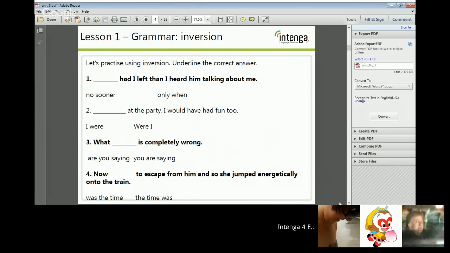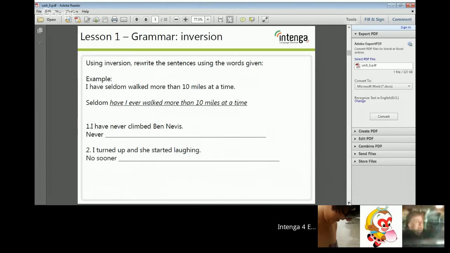Absolutely. Good. So questions with this? You don't have to understand exactly what's going on, but if it sounds okay, if it doesn't sound good to you, don't worry. That's normal. All right. So let's try these.